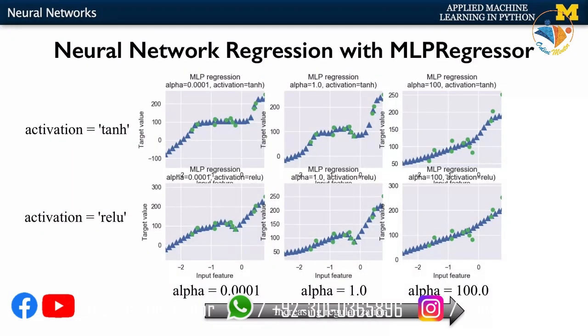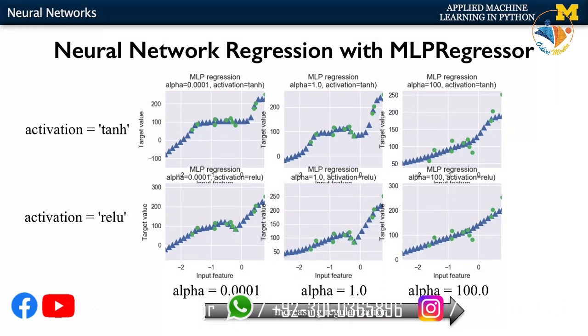Here we've included regression results that use, in the top row, the hyperbolic tangent activation function, and in the bottom row, the ReLU activation function. You can see the smoothness of the activation function somewhat influences the smoothness of the corresponding regression results. Along the columns, the plots also show the effect of using different alpha settings to increase the amount of L2 regularization from left to right.